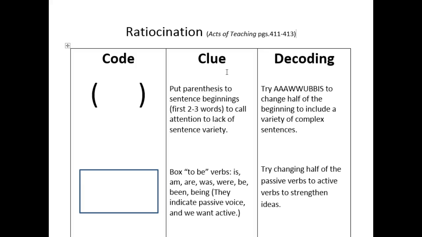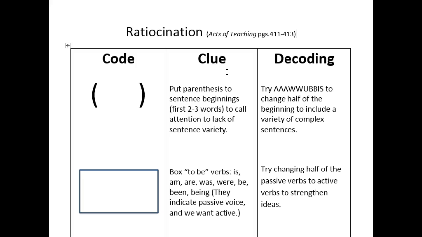So, for example, today we're focusing on audience and purpose. Many times, students write and they are unaware of their audience. That is to say, they write in unengaging ways that bore their audiences. What we want them to do is change the drab information into lively information.